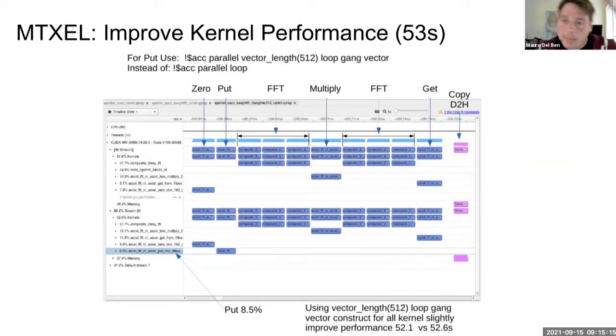Now the fraction of time spent in this specific kernel is only 8.5%. What is interesting here is that multiply and get have a very similar structure to the put, but just switching from the parallel loop construct to the vector length and loop gang vector doesn't really give a huge improvement. It's just a few fractions of a second.